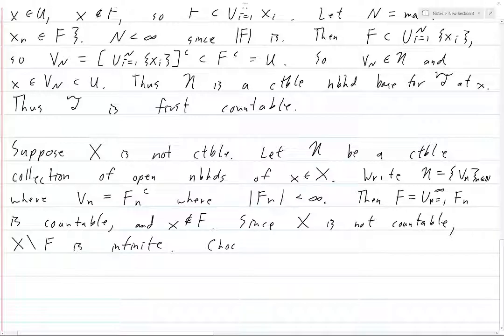So now choose Y to be an element of X which is not contained in F, such that Y is not equal to X. And we can do this because X minus F is infinite, so it contains more elements than just the element X. So for example, it contains this element Y.